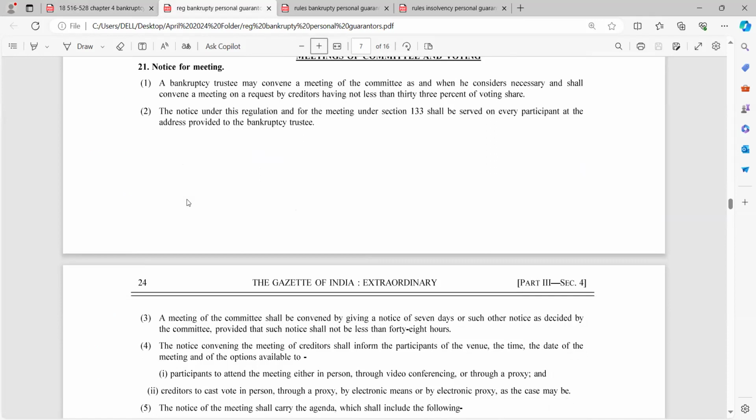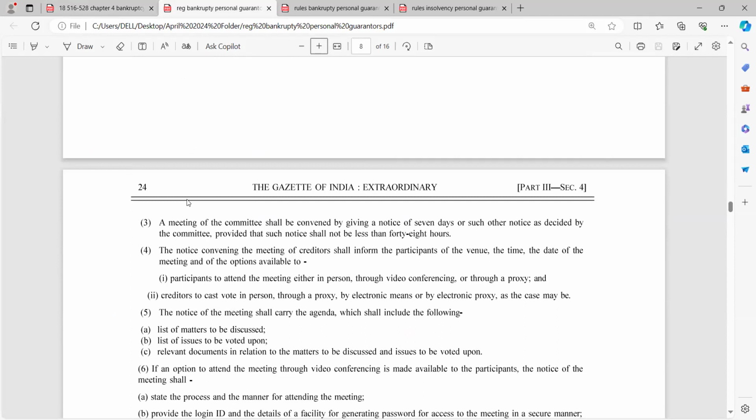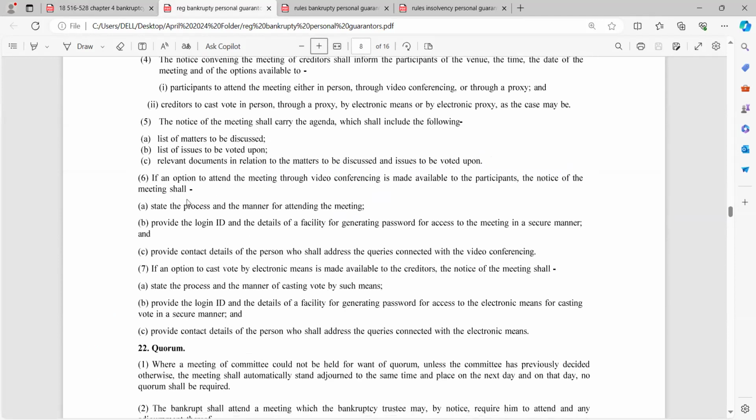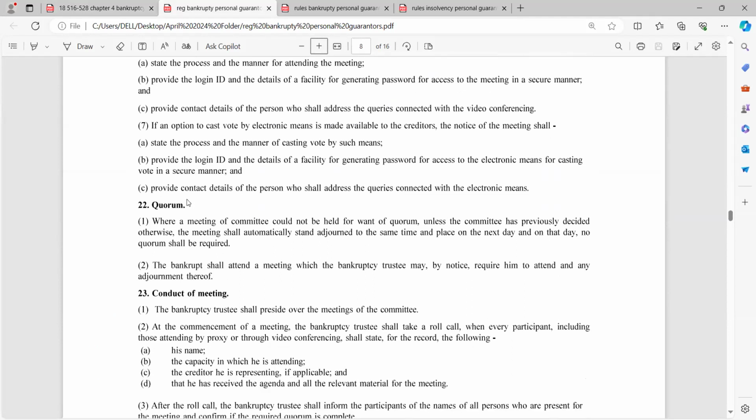It is talking of notice. Quorum. In insolvency, the committee can modify the term quorum, but here I think there is no choice.